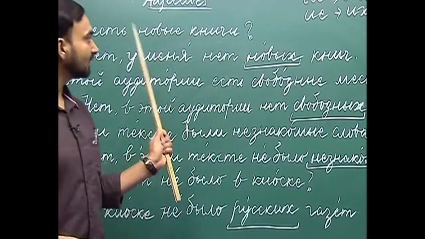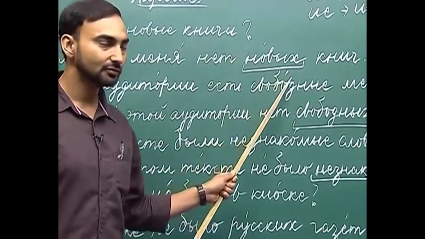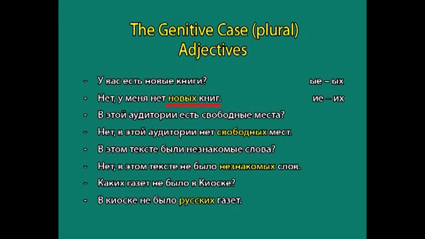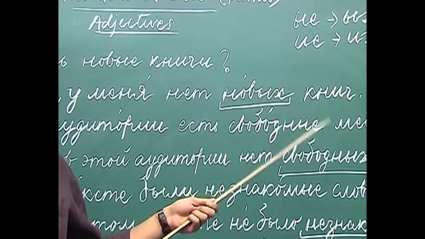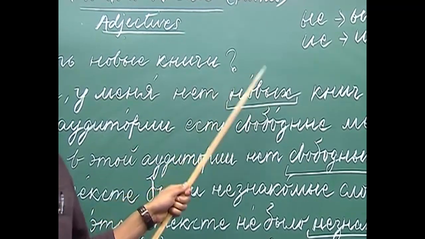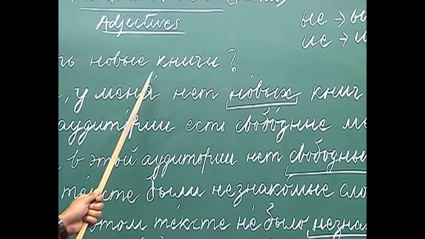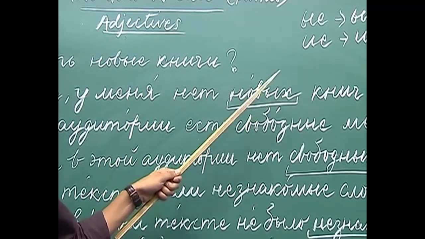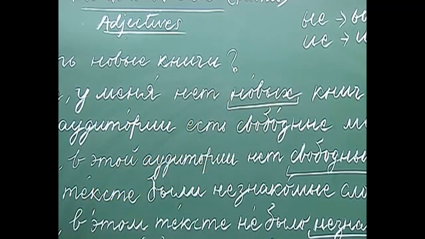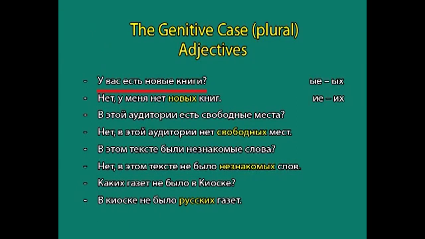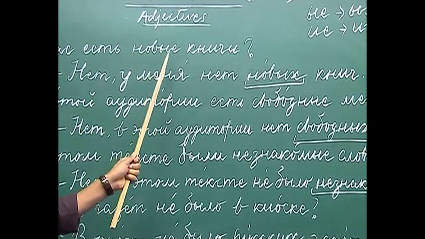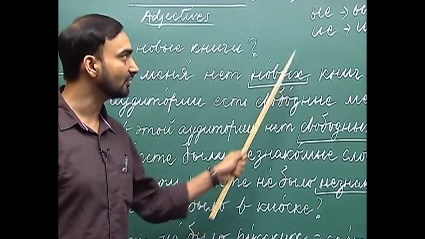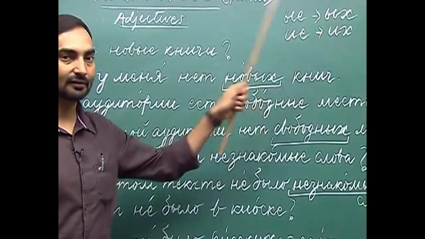As you can see, новые has changed to новых, and книги to книг. Книг is the genitive case of the plural noun книги, and новых is the genitive plural of the adjective новые. So, this is how we change an adjective in the genitive plural. Нет новых книг. So, the ending ые, or ие, in the nominative changes to ых, or их.